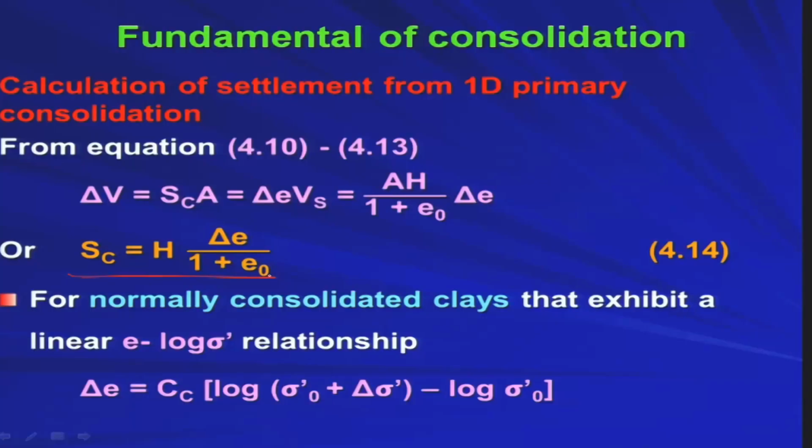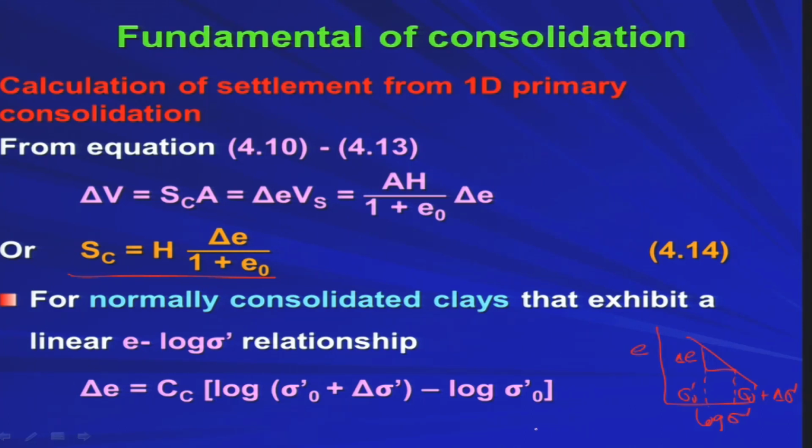So what is delta e in case of normally consolidated soil? Delta e is equal to C C into log of sigma naught prime plus delta sigma prime, minus log sigma naught prime. If you recall your e log sigma prime curve, this was the portion for normally consolidated soil. Here this is your sigma naught prime and this is your sigma naught prime plus delta sigma prime.